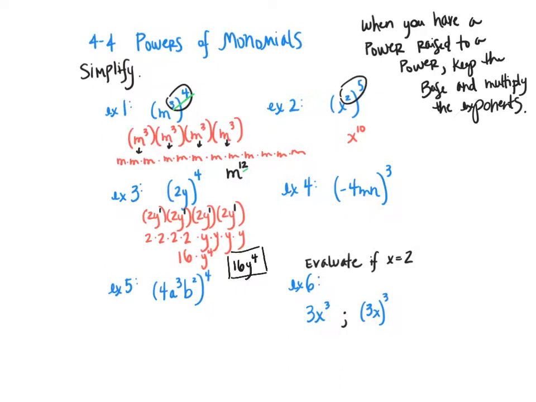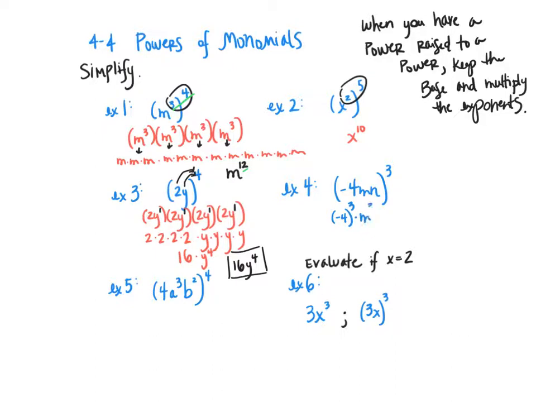So when you have a coefficient, you have to remember 2 is going to the 4th power and y is going to the 4th power. It's all one time, because you're taking the whole monomial to the 4th power. But just remember, it's that whole monomial going to the 4th power. So, for example 4, if you want to write it this way, you could. -4 is going to the 3rd power.